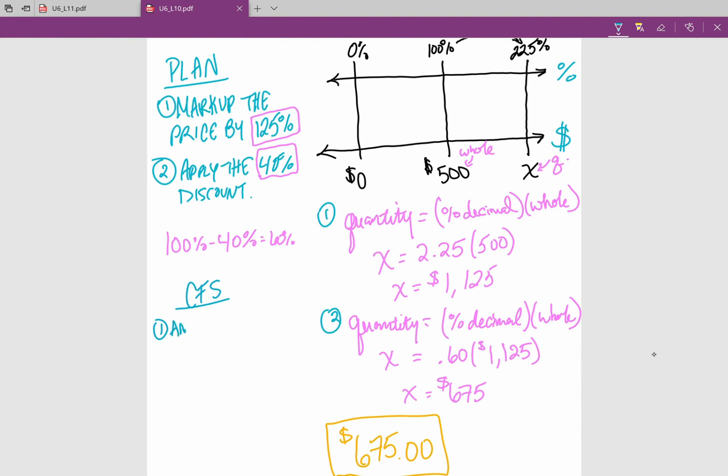So annotate for quantity, whole, and percent. I'm going to put a triangle for change. This triangle represents change, or delta. Number 2, our double number line, I'm going to write DNL, double number line is drawn.